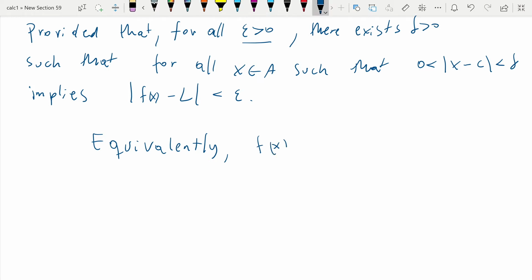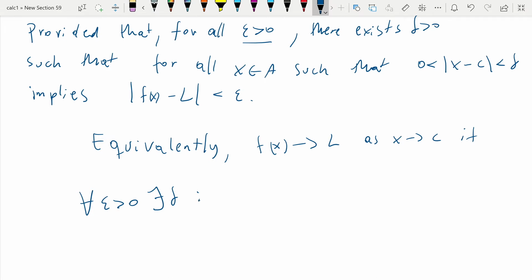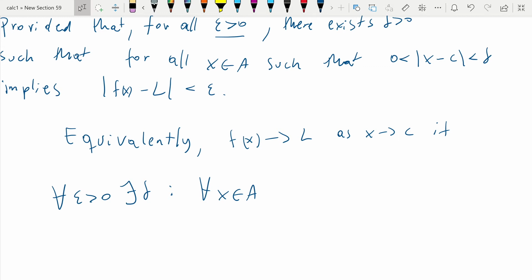We write f of x tends to L as x approaches c if for all epsilon greater than 0 there is a delta such that for all x in A minus c, well, this is actually implied in the next statement, but if you want to add that condition, it's fine.